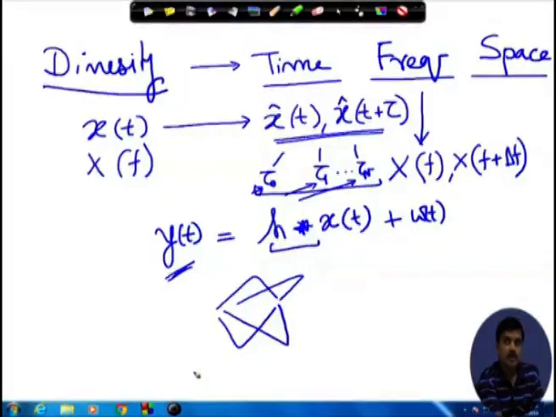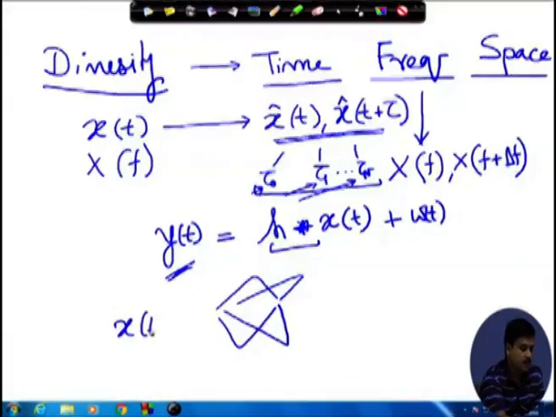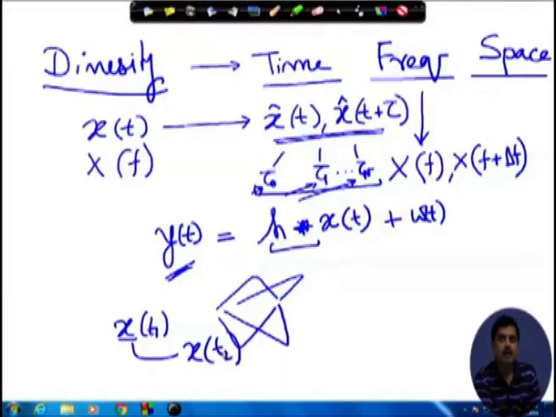So, in order to get multiple copies, I would have to send x at t1, and I would have to send the same x again at a time t2. So, that means I am using 2 instants of time to receive 2 copies.